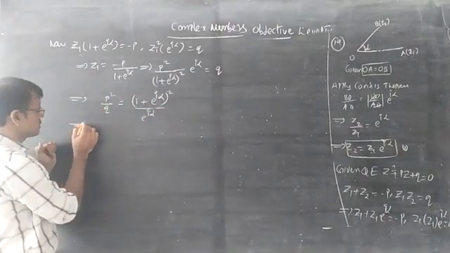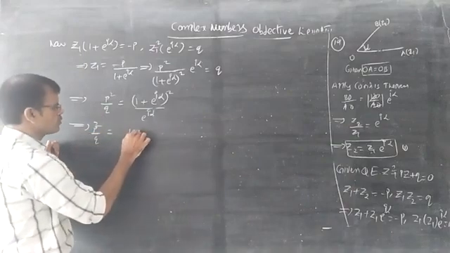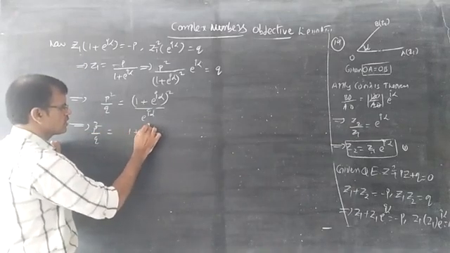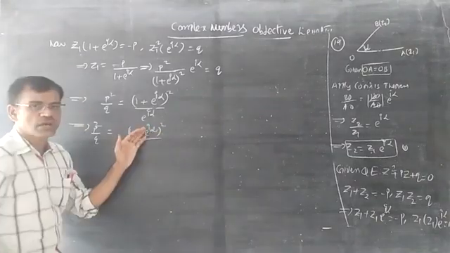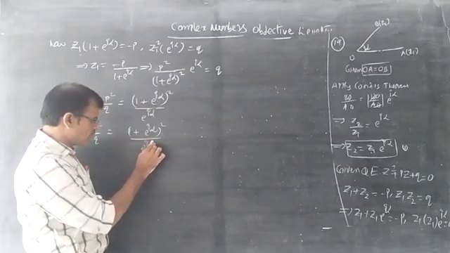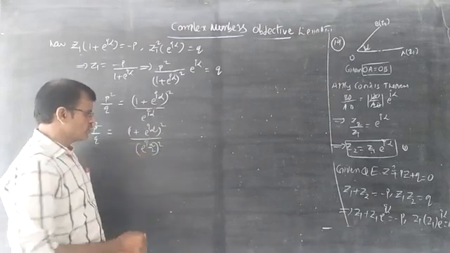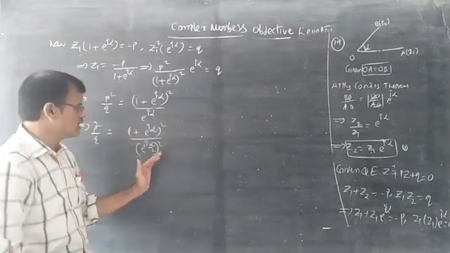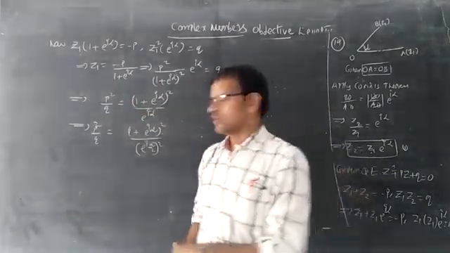That implies P square by Q can be understood here as 1 plus e power I alpha whole square by e power I alpha. We can understand this with e power I alpha by 2 whole square, which gets cancelled, but we are creating it to get the whole square for numerator and denominator.